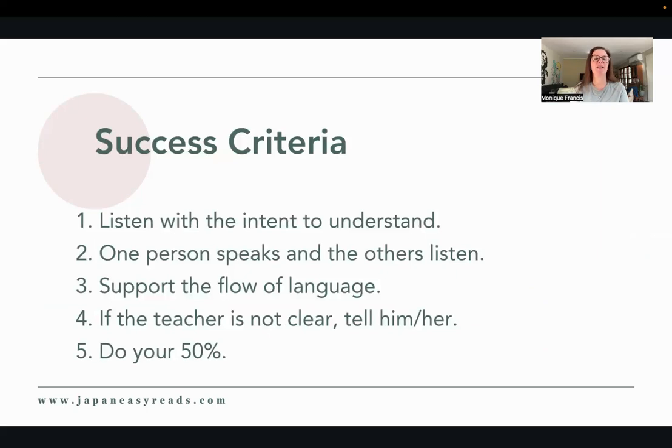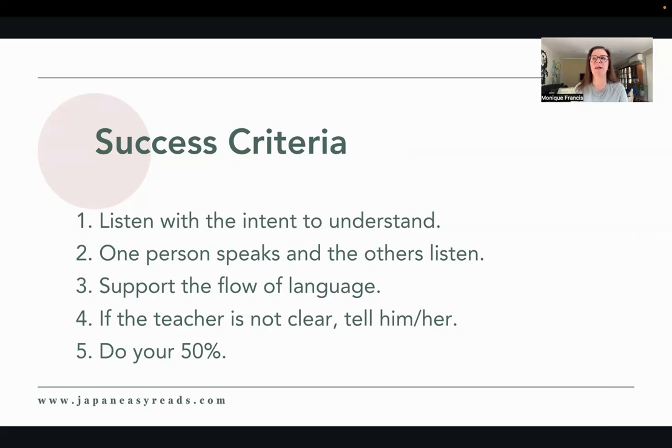The success criteria. My classes know this. I set this up at the beginning of the year for all of our interactions, our interpersonal skills. So if we're going to have success, we'll be showing that we listen with the intent to understand.